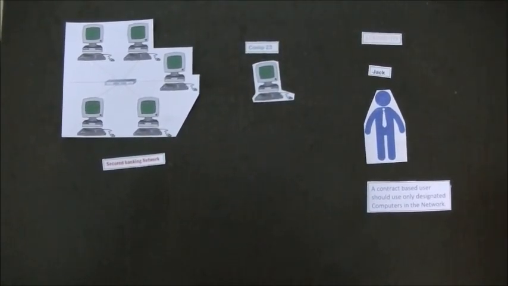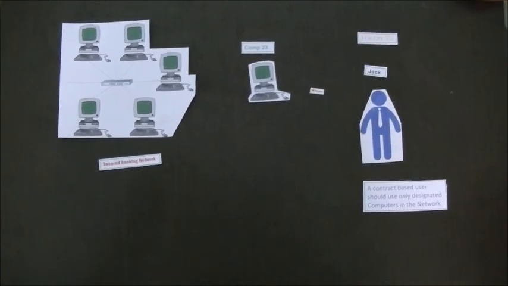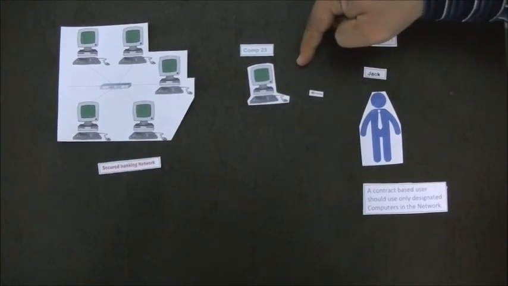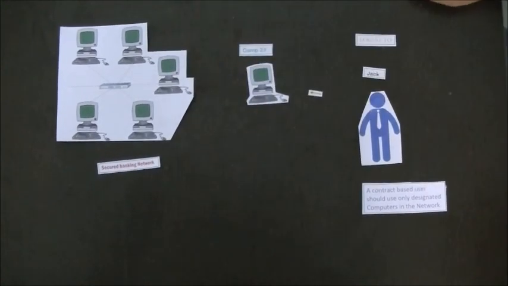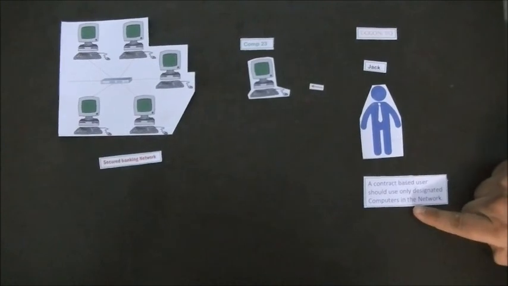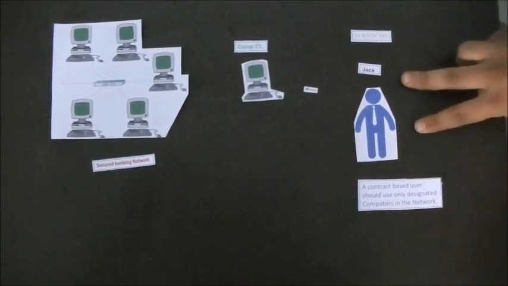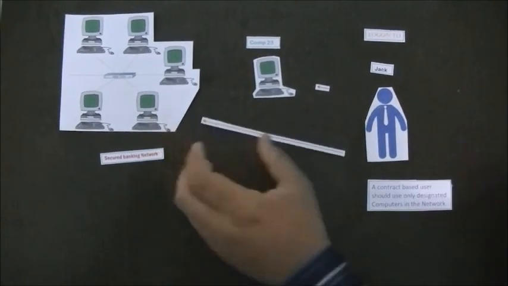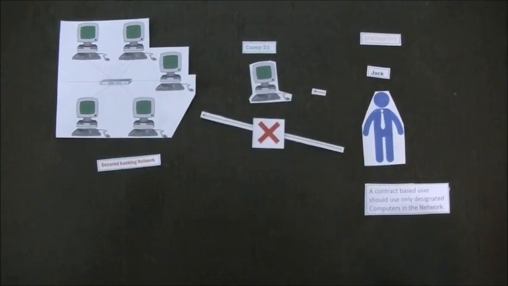So we give a designated computer to Jack: a computer called COM23, and we associate Jack with COM23. So Jack will be able to use only COM23 and no other computers in the network. Once we apply this configuration on Jack's user account, if he tries to access any other computers in the network, his access will be restricted.